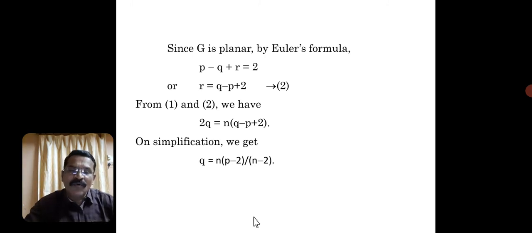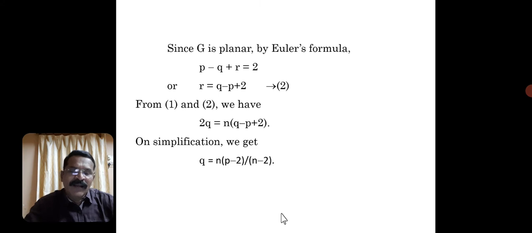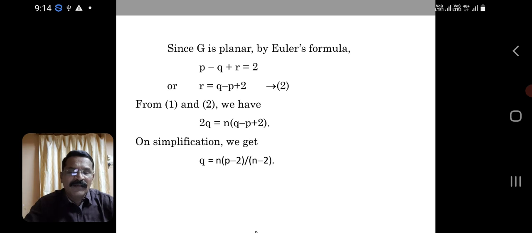So I have substituted the value of r there as q minus p plus 2, and if you simplify this, you will get q equal to n times (p minus 2) divided by (n minus 2), because we combine the q terms and separate the p terms on the other side. So you will get q equal to n times (p minus 2) divided by (n minus 2).